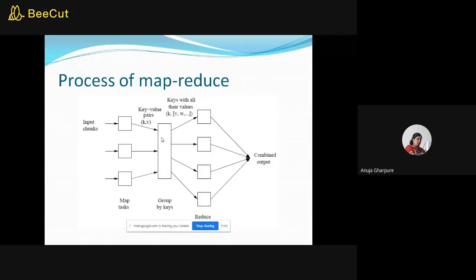From the second map task, we have obtained the value 1. 1 plus 1, that is 2. This is how the grouping of keys will be done. So for this group by keys, the output for the word M.Sc is 2. That means in the 2 to 3 files, the M.Sc word occurred 2 times.